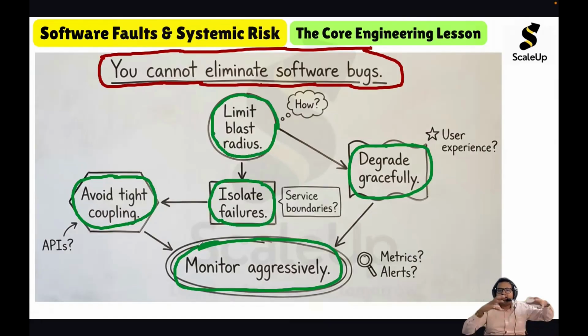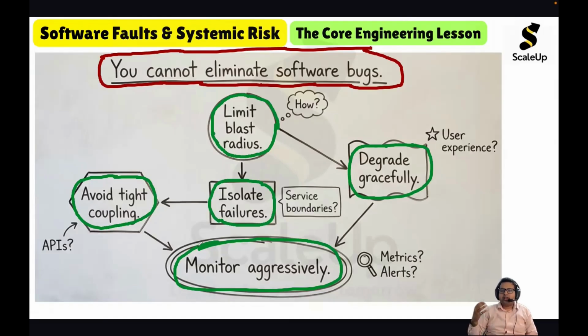While designing data intensive applications which are distributed in nature, you should isolate failures by introducing timeouts and circuit breakers. You should avoid tight coupling by introducing asynchronous communication and dependency minimization. Your data intensive application should degrade gracefully.